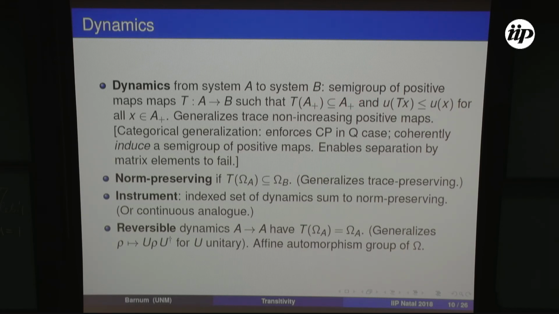If you want this physical interpretation where the norm, which is just the value of the unit functional on the state, is interpreted as the probability of undergoing this process, then you should want this map to decrease the norm. So this just generalizes trace non-increasing positive maps in quantum theory.